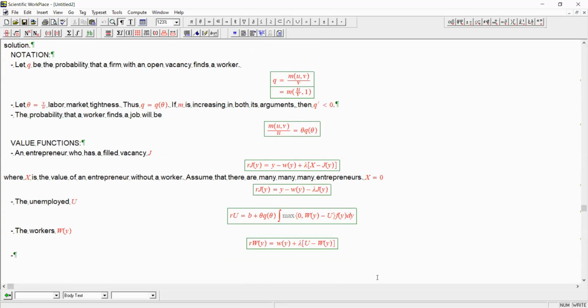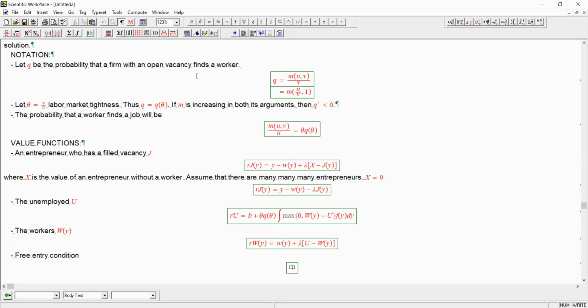The next condition would be this free entry condition, which is that the value of creating a vacancy should equal whatever cost there is to creating a vacancy, so that there is on the margin no arbitrage to be had by creating one.